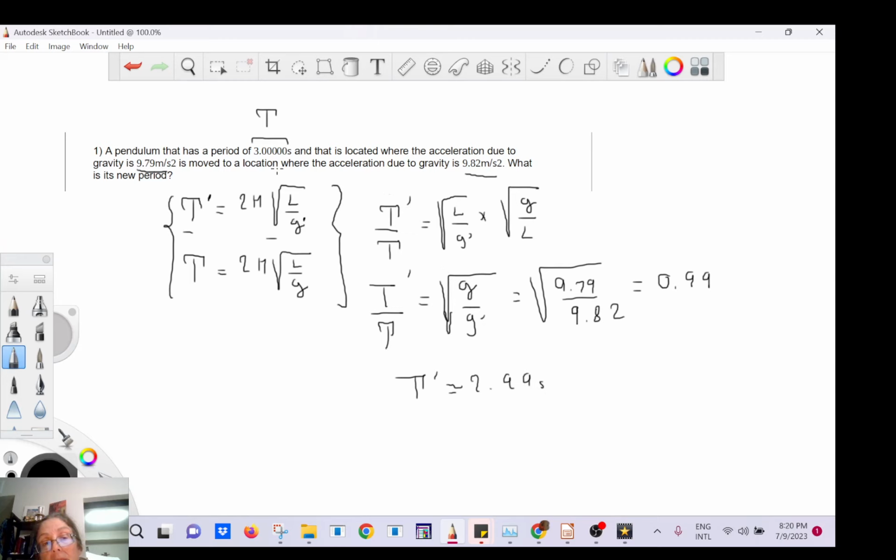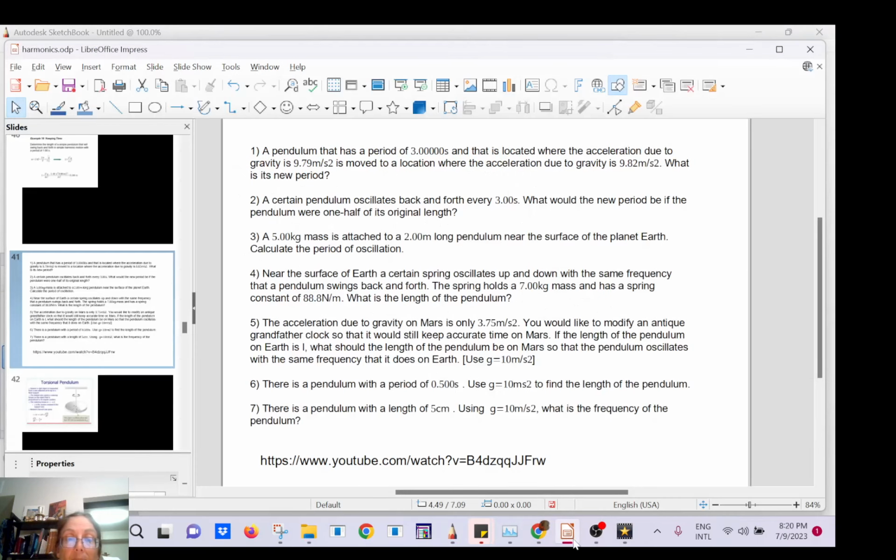So you see that it does not change much, right? You just have a decrease of 0.5% relative to this. So it means with gravity, you don't really see the effect unless you change gravity dramatically, because it's not much of a difference between 3 and 2.99 seconds.